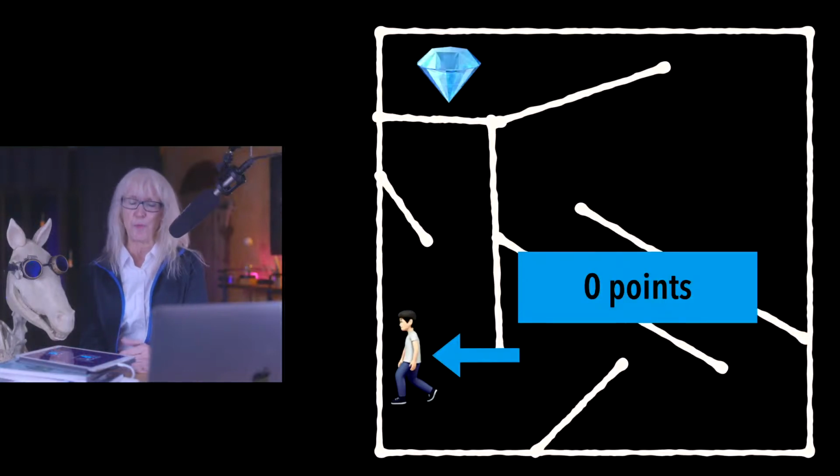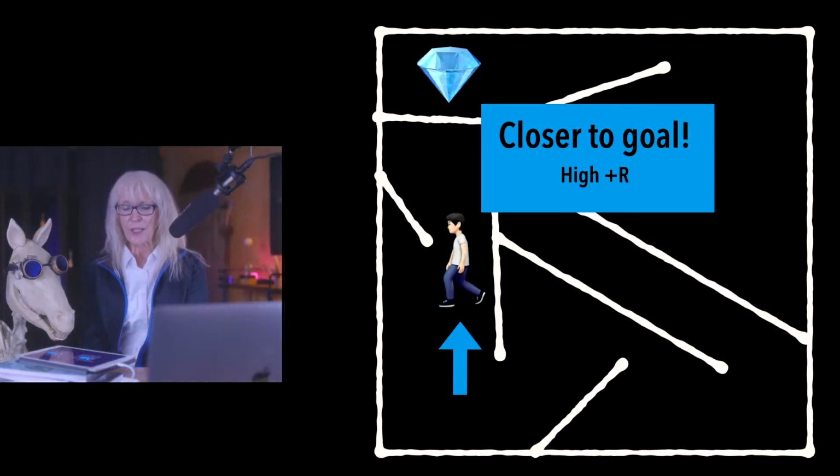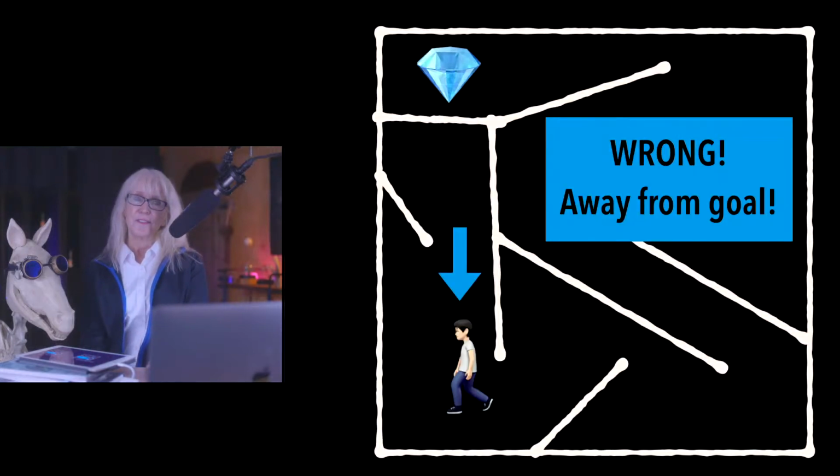So it might give 0 points for going sideways, but it's reinforcing the hell out of plus R, moving toward the goal. But it's going to give negative points, or what we might think of as punishment, if it's going away from the goal.